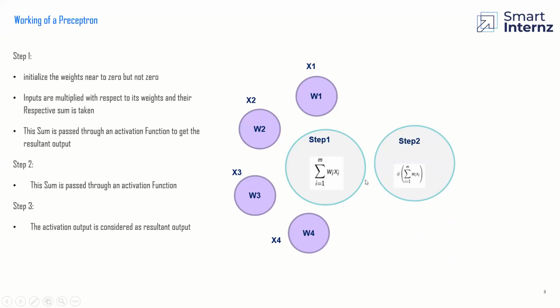After this, in step number 2, you can see one symbol called phi, which represents the activation function. This particular weighted sum of inputs goes on to the next step, called the activation function, where we pass the weighted sum of the input.